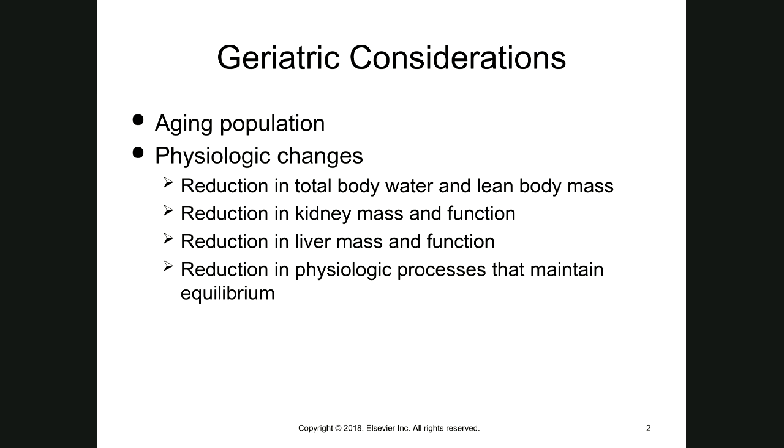We have to consider all of this when we're giving medications, because it slows down the process and the metabolism of the medicine. It may actually break down the medication to a point that different dosages have to be considered.